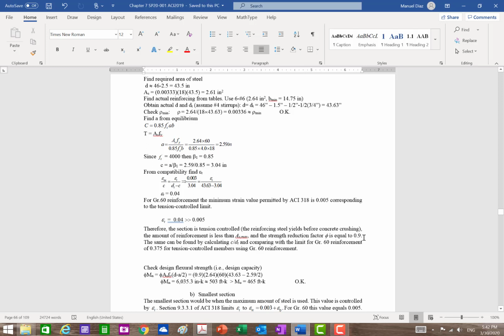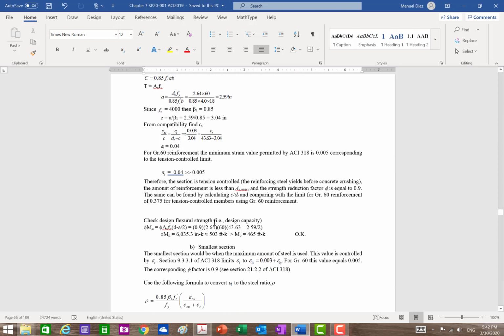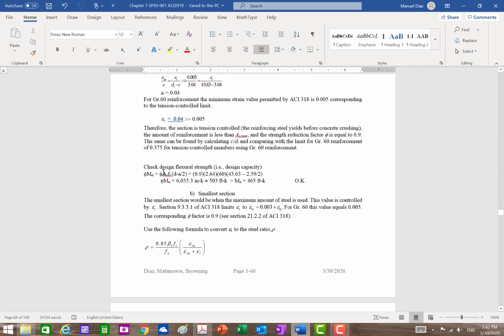Right? Now, you don't have to do the epsilon t again. You can do C over D sub t and compare it to 0.375, which is the value for grade 60, and you will get the same conclusion. So once you decided what your phi factor is, and it's been verified, you go ahead and check that your design flexural strength is okay.